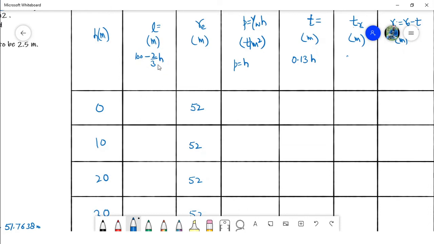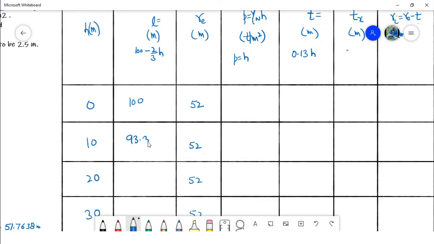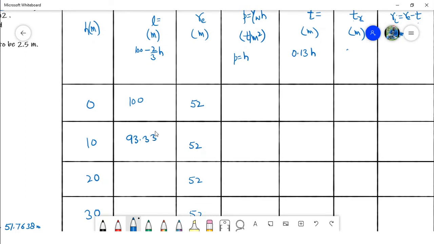So over here, since h is 0, this will be equal to 100, and at h equal to 10, 100 minus 2/3 of 10 is 93.33. So put 93.33. If it is 20, this will be 86.